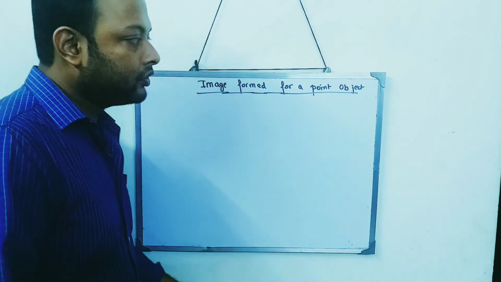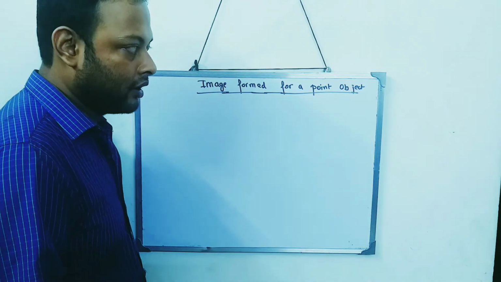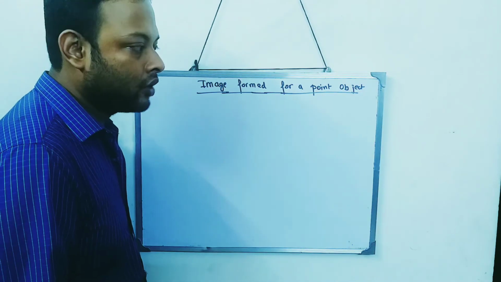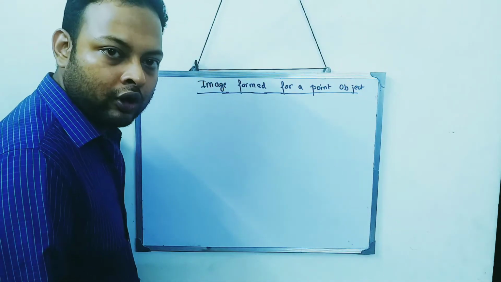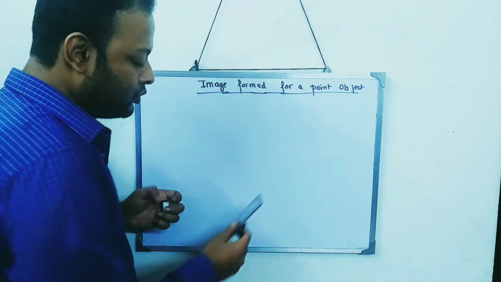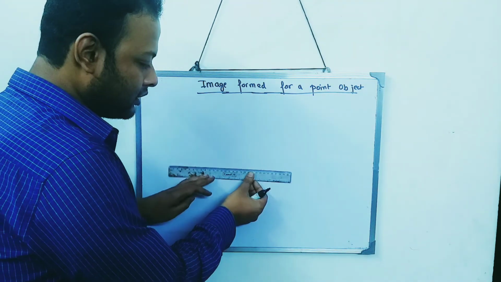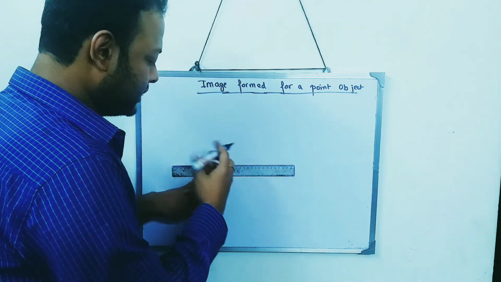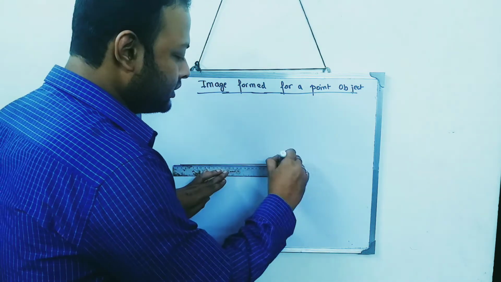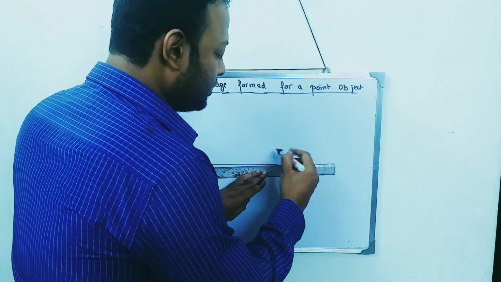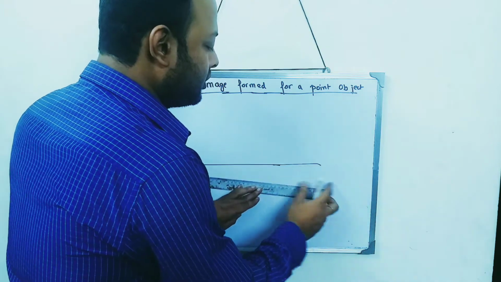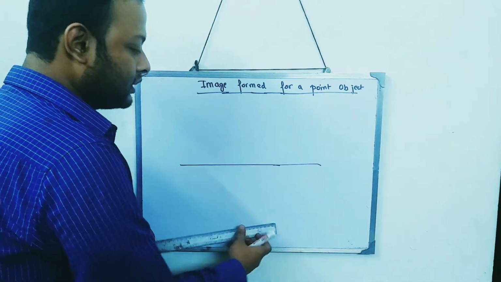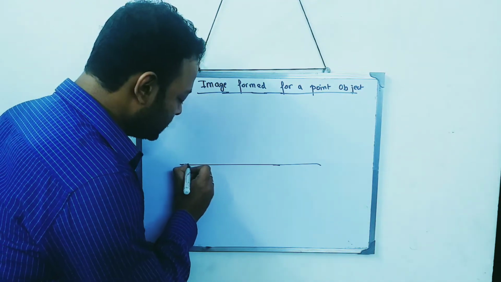To draw the image for this object, the first thing we need to draw is a mirror. I will use this scale to draw my mirror, so it has a perfect shape. This line I'm considering as the mirror.